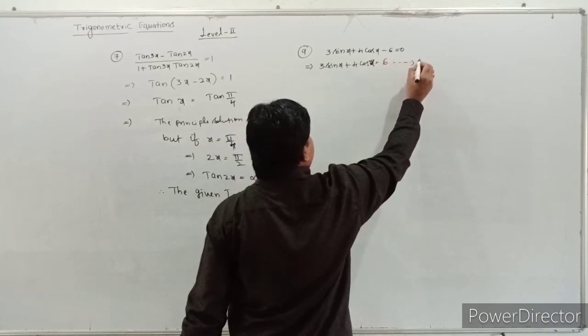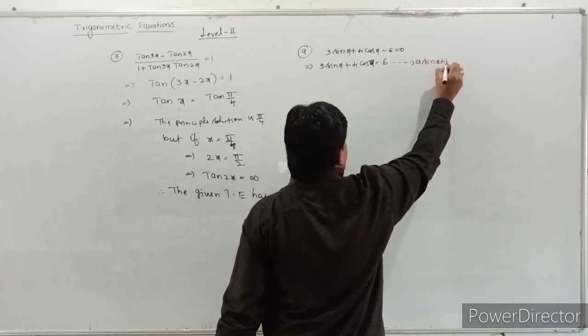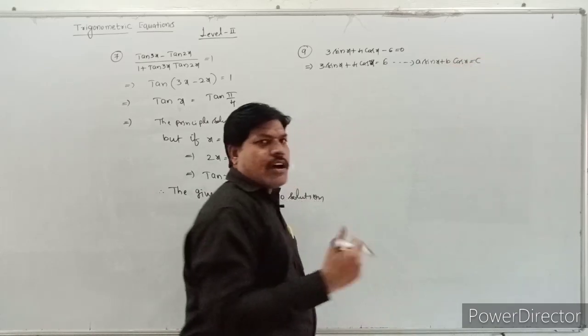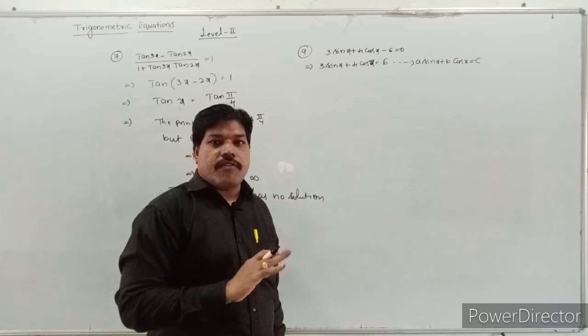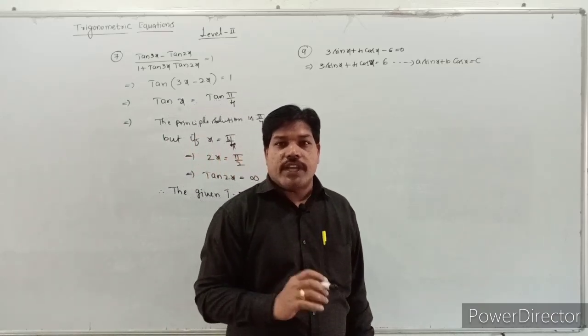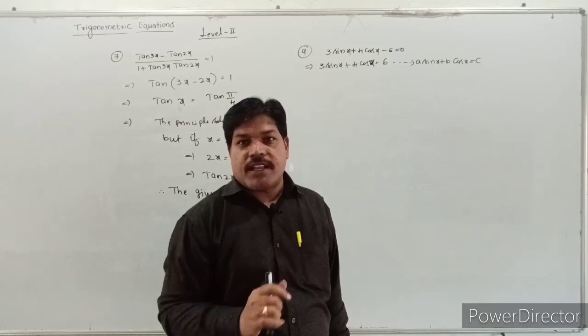It is in the form a sin x plus b cos x is equal to c. A cos x plus b sin x or a sin x plus b cos x, nothing will change here. So this type of equation, does it have a solution or not? I have already given the 2 points.